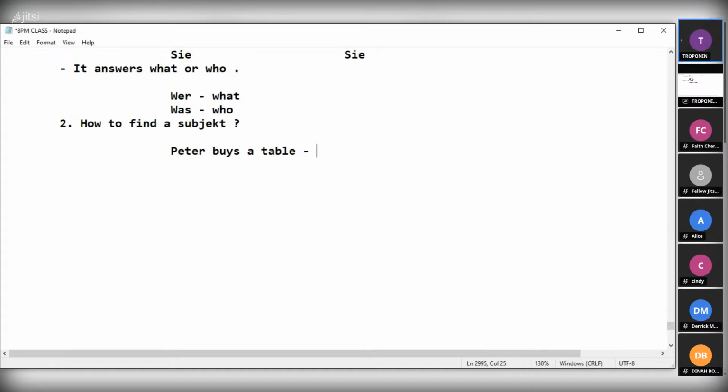So it is Peter kaufst ein Tisch. Ein Tisch. So Peter buys a table, Peter kaufst ein Tisch. So I don't know why it is not working. So I don't know. Just a minute.